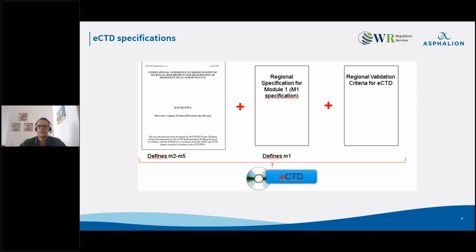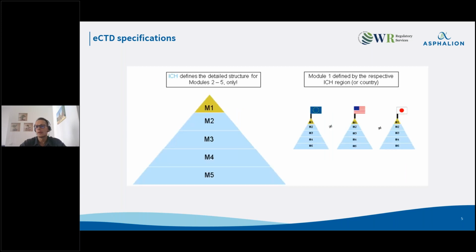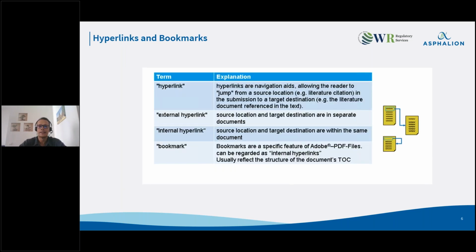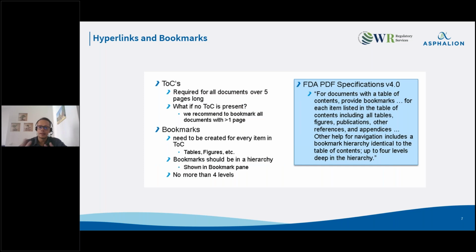So first of all, on the eCTD standards, it's already obvious that Module 1 for FDA is totally different from the European Module 1. You know that the ICH is the one harmonizing from Module 2 to Module 5, so the scientific and technical content of the dossier application, and Module 1 is regional, and it depends on each regulatory agency. Obviously, one important thing, the main message on this first part, is that document quality is a must for FDA.